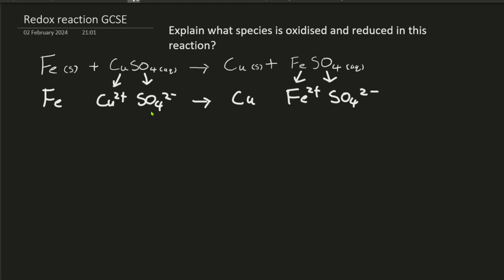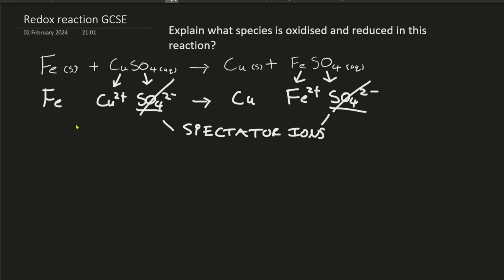So the sulfate ions on both sides are the same. Therefore, they are not taking part in the reaction. When that happens, we call them spectator ions. That means they do not take part in the reaction, and so we can just literally cancel them out.